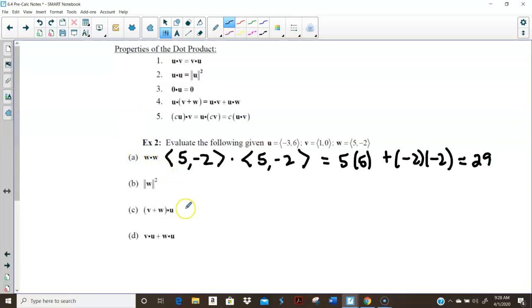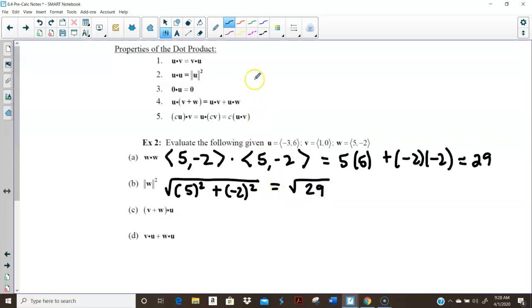So we take the same vector, and this time we're going to find the magnitude of it. To find the magnitude of vector w, you're going to do the square root of 5 squared plus -2 squared. That's going to be the square root of 29.